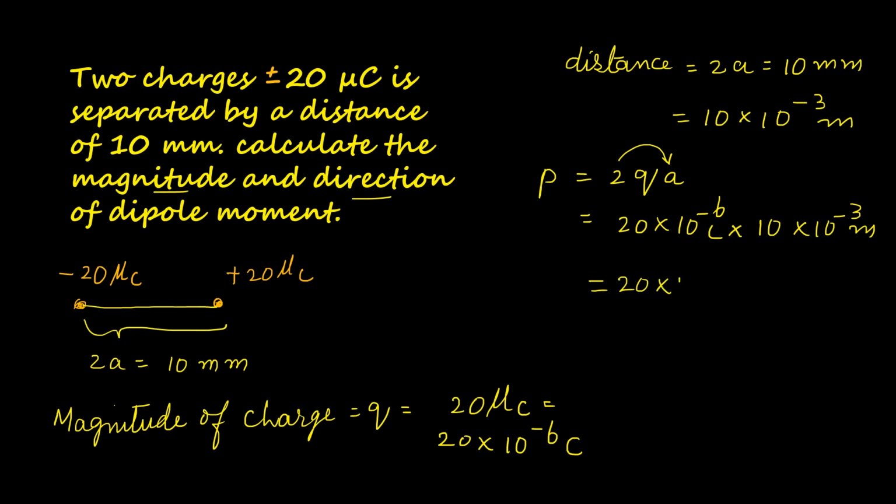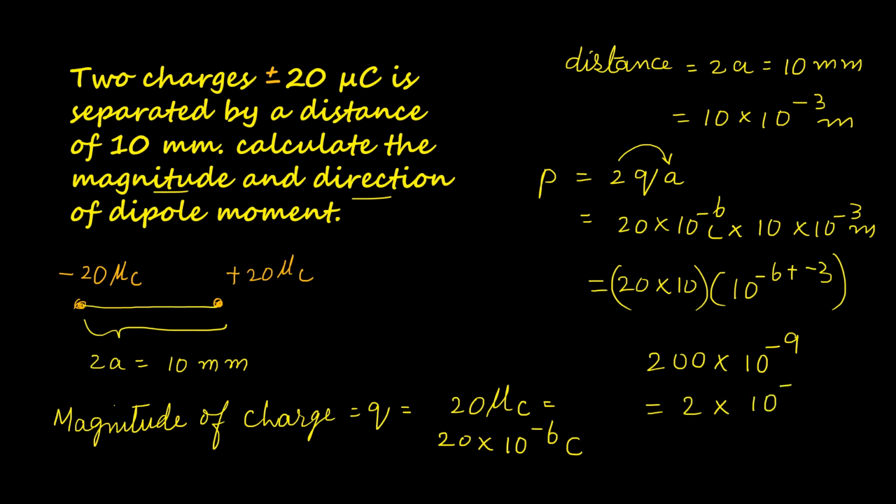This is equal to 20 into 10 into 10 raised to minus 6 plus minus 3, which is equal to 200 into 10 raised to minus 9 coulomb meter, or 2 into 10 raised to minus 7 coulomb meter. So now we have the magnitude.